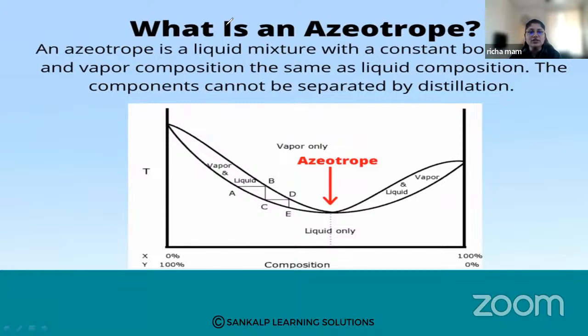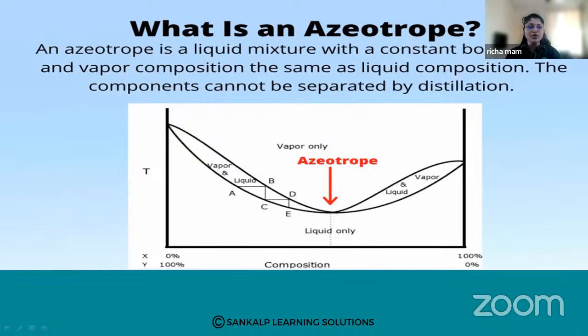Such liquids are called azeotropes. They are also called constant boiling liquid mixtures. So the liquid mixture which boils at a constant boiling point is called an azeotrope.